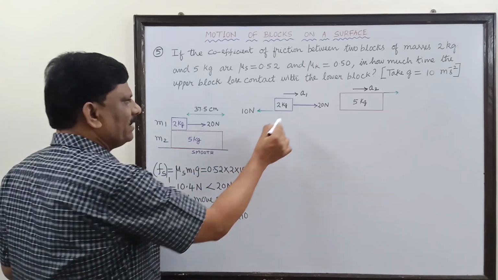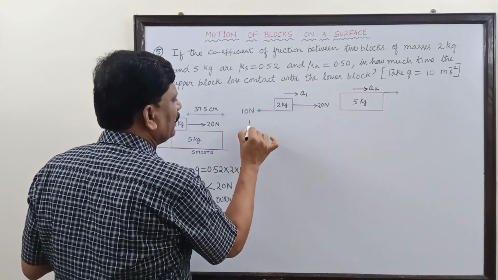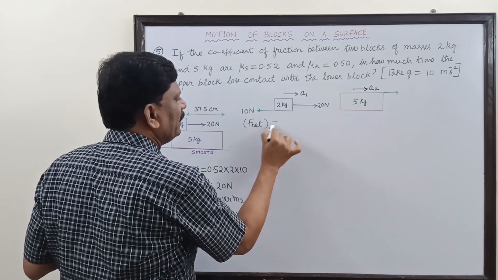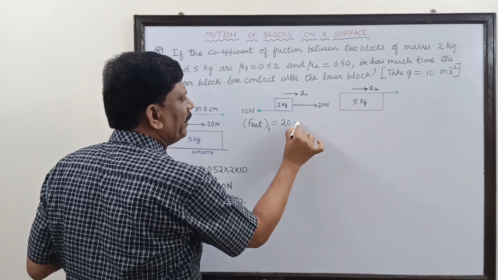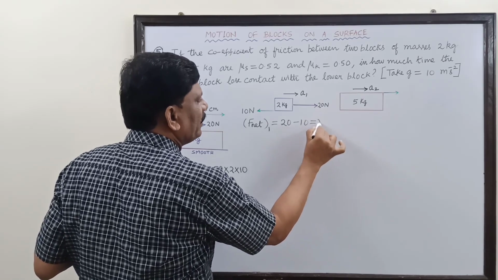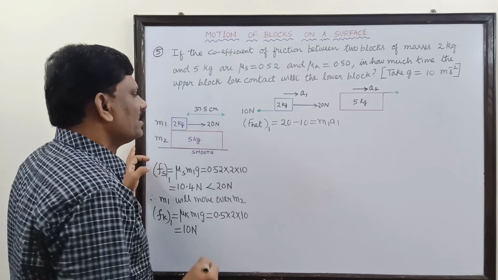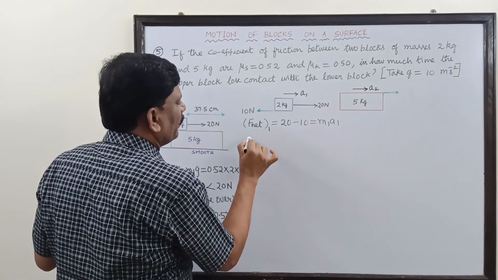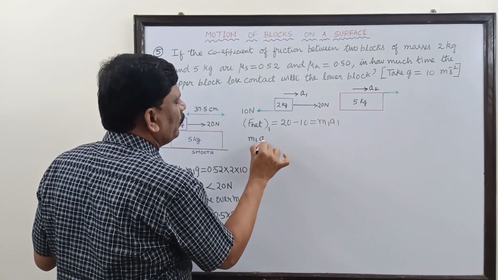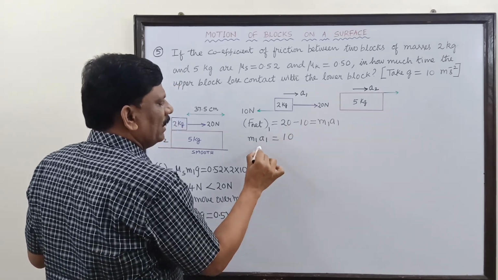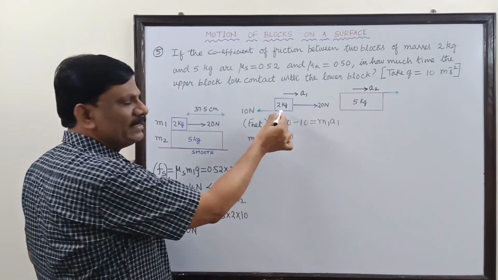So the net force acting on the first mass is equal to 20 minus 10, and that is equal to m1 into a1. So m1 into a1 is equal to 20 minus 10 is equal to 10, and m1 is 2 kg.